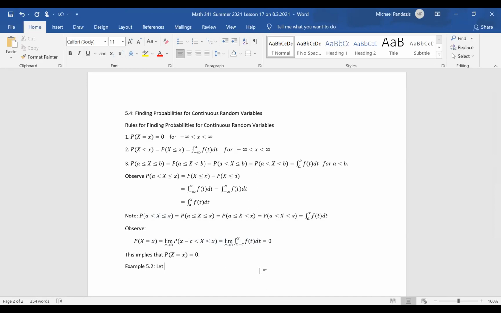Question? So c has to be greater than 0 in that? Little c? No, you can approach 0 from positive or negative.